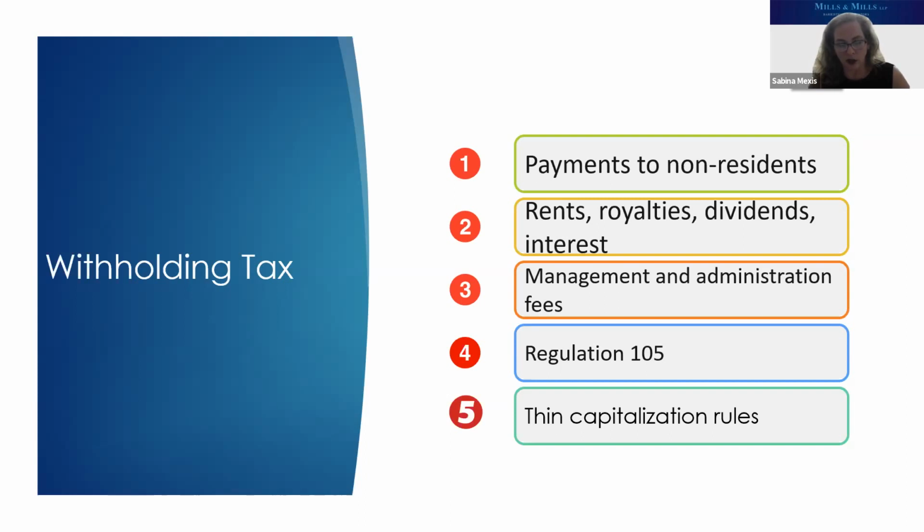So it is a potentially tricky situation that you must be aware of in connection with dealing through a Canadian branch, again because the obligation is on the payer to withhold and remit that 15% withholding tax under Regulation 105. So if a non-resident corporation is going to be providing services rather than goods to Canadian resident customers, it is usually preferable for a Canadian subsidiary corporation to be utilized rather than a branch in order to avoid Regulation 105 withholding tax.